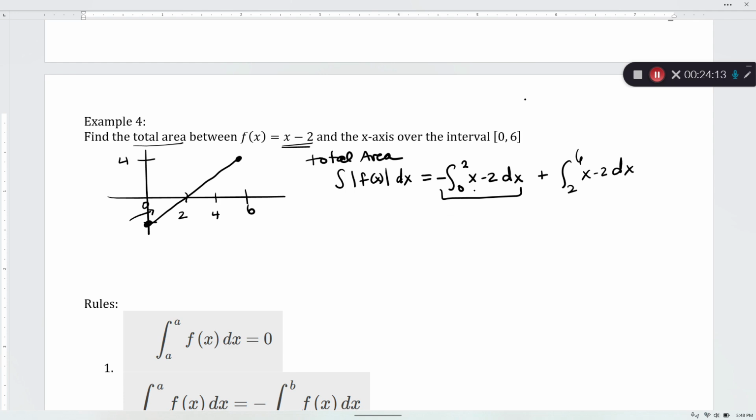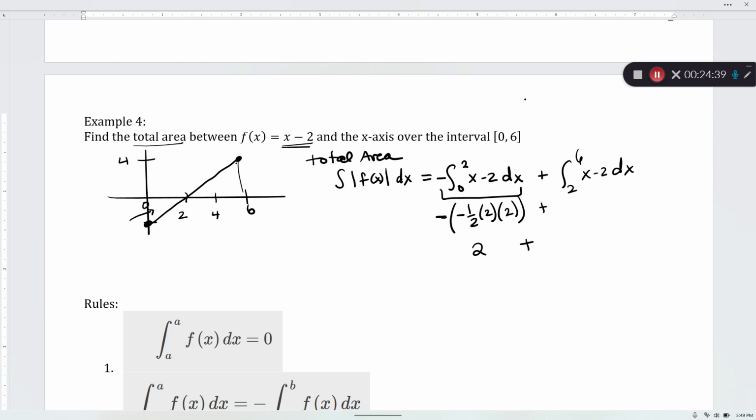So for this region, I want the opposite of, it's below the x-axis, so negative 1/2 base times height. So in other words, this is going to be an area of 2. Let's go in here.